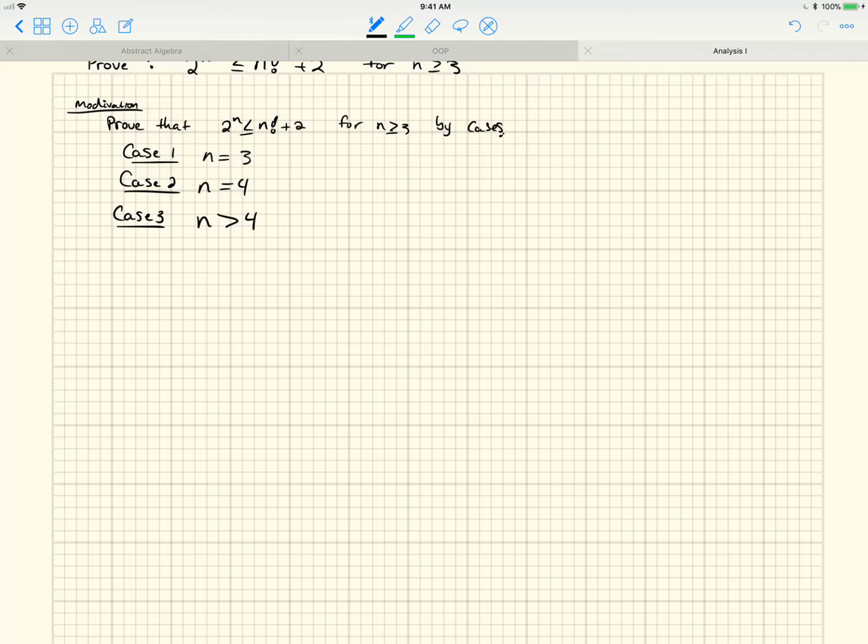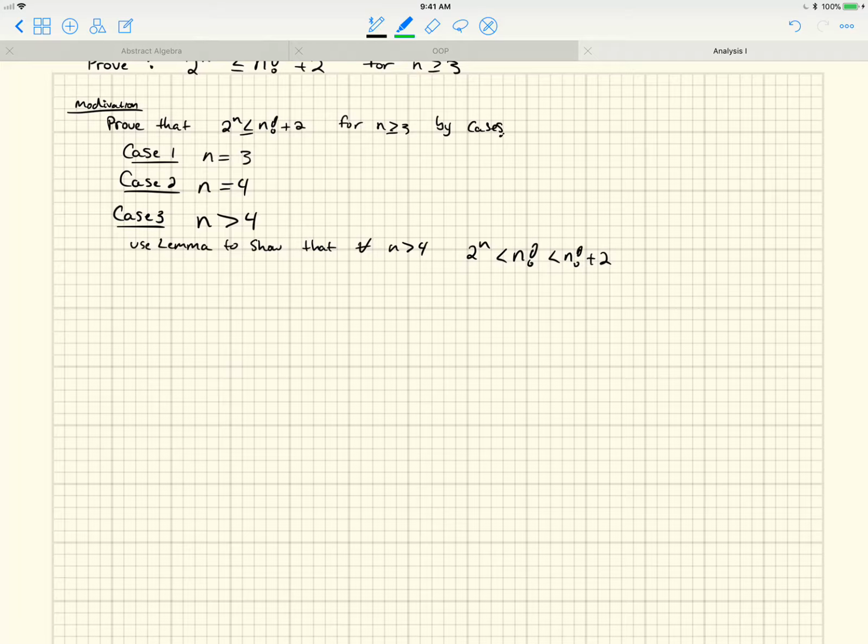Okay? Now, the reason I'm doing this is because I am going to use a lemma to show that for n greater than 4, 2^n is less than n!, which logically would have to be less than n! + 2.